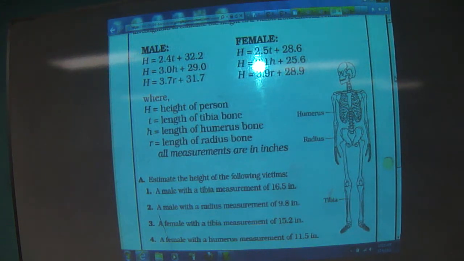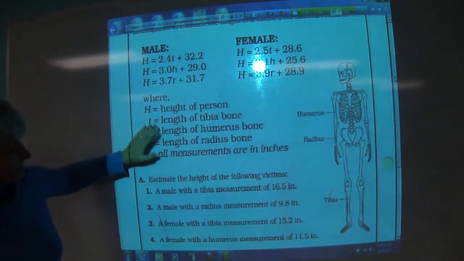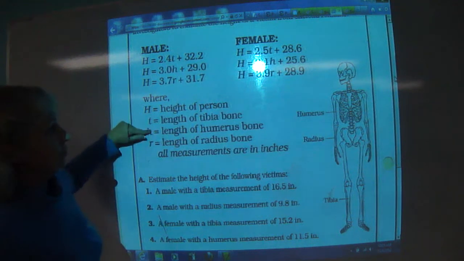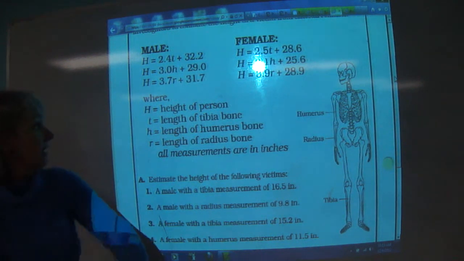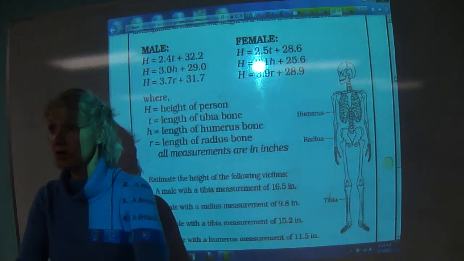These three bones tell you more about a person's height than anything else. The tibia is the long bone of your shin, basically. Your humerus is this part here, and your radius is one of the two bones in your arm.